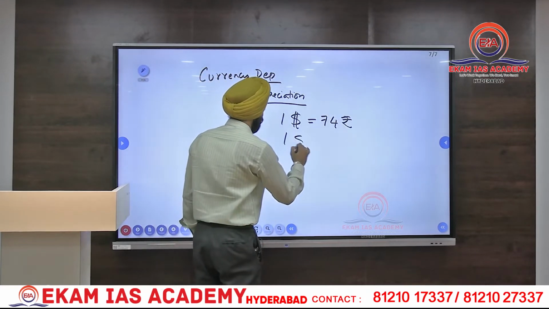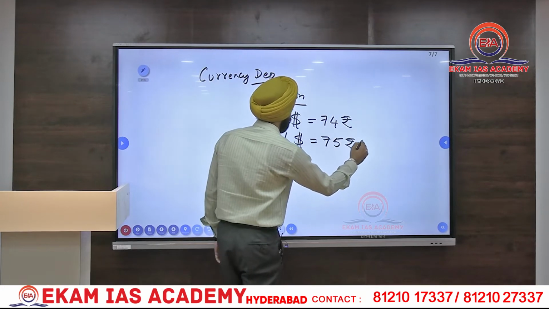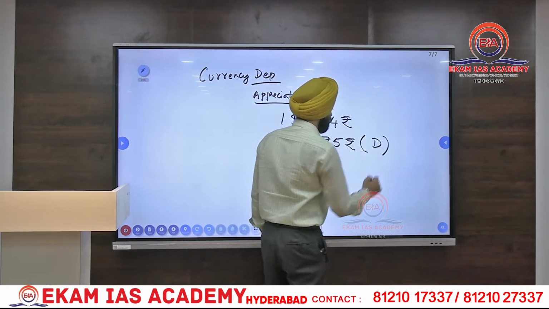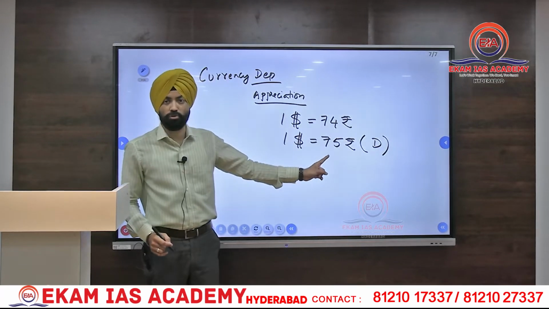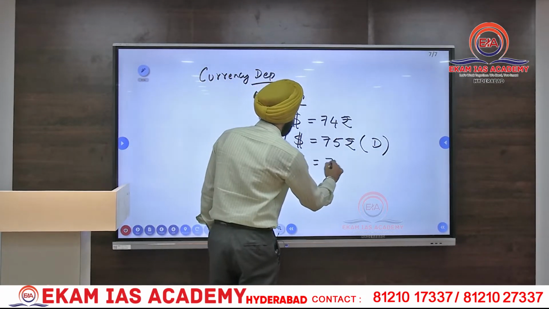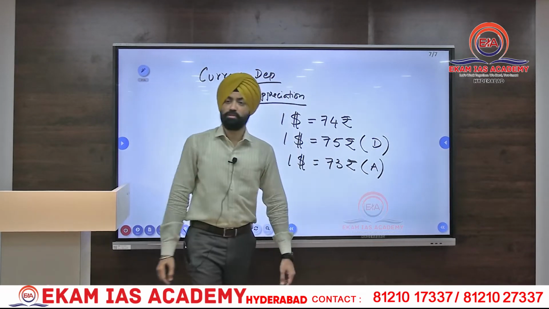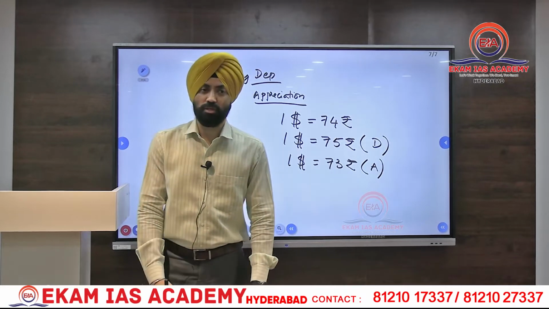Now $1 is equal to 75 rupees. This is depreciation, currency depreciation with respect to dollar, right? $1 is equal to 73 rupees. This is currency appreciation. Yes or no?